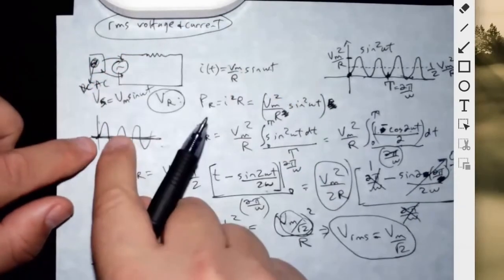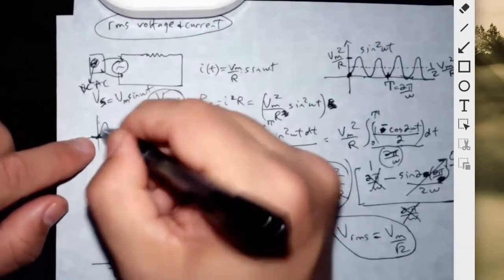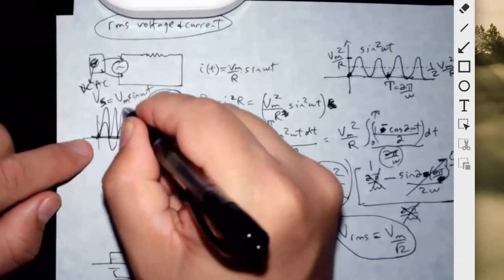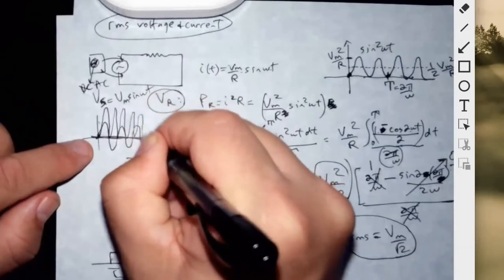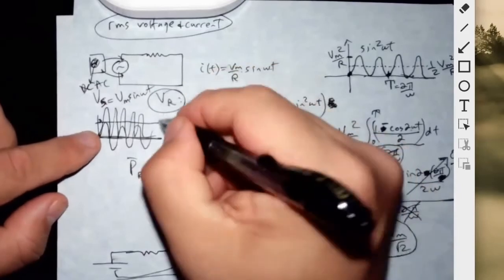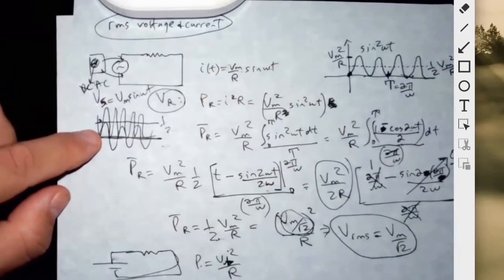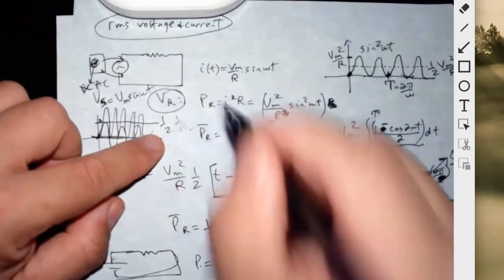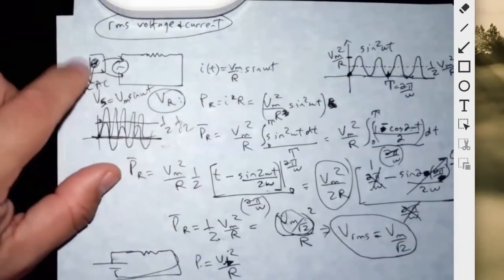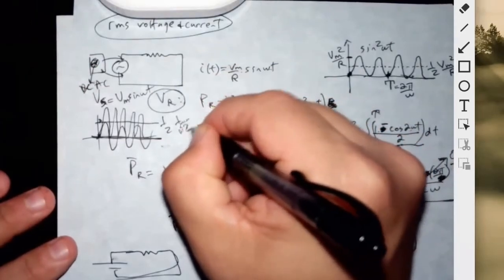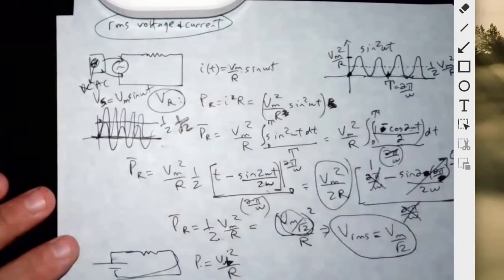Then what it's essentially going to do is square these values, then average that, which gives you half. Then square root it, and you get 1/√2. That's what it gives you. The multimeter gives you the root mean square voltage.